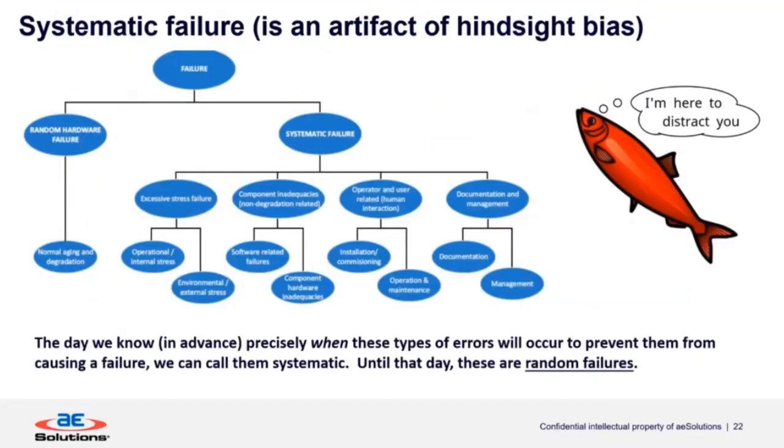A couple more slides. Okay, so I'm leading now into data and reliability centered maintenance. There's no such thing as systematic failure, and this is funny because for 20 years this has been a weighted chain dragging down functional safety. Systematic failure is an artifact of hindsight bias.